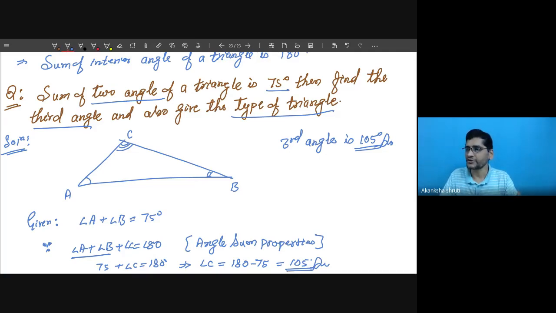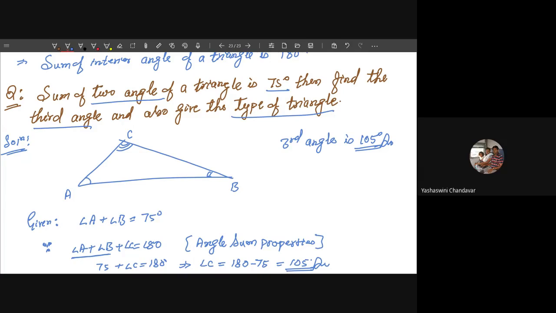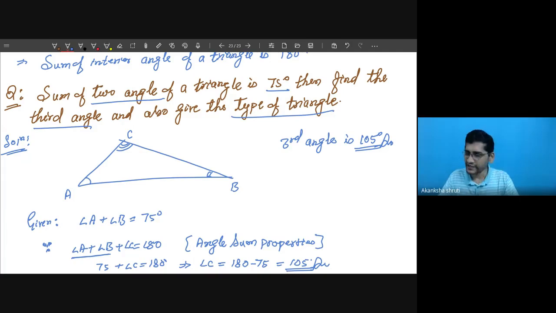Isosceles means two sides equal. When two sides are equal, then two angles are also equal. Here two angles are not equal. Here we are observing that this 105 is greater than 90 degrees. When one angle is greater than 90 degrees, then the triangle is obtuse angle.